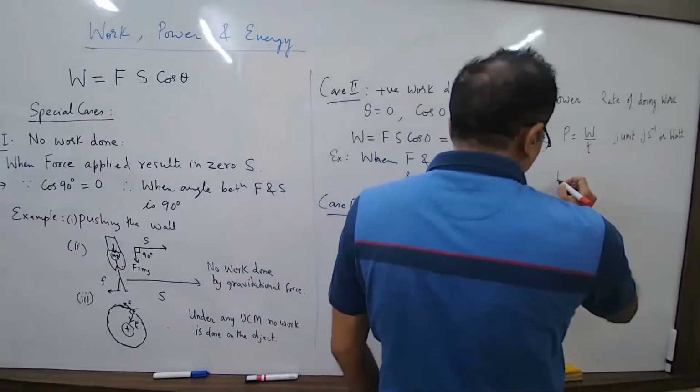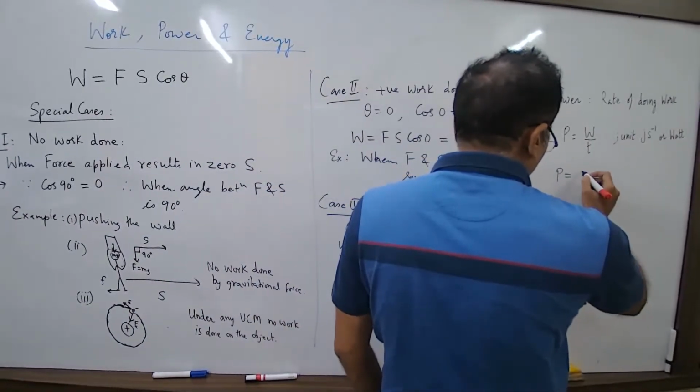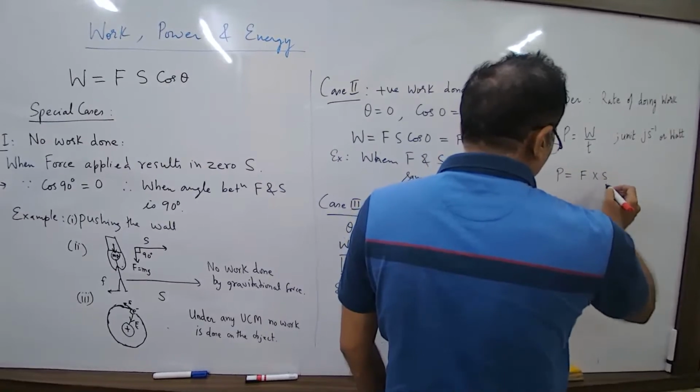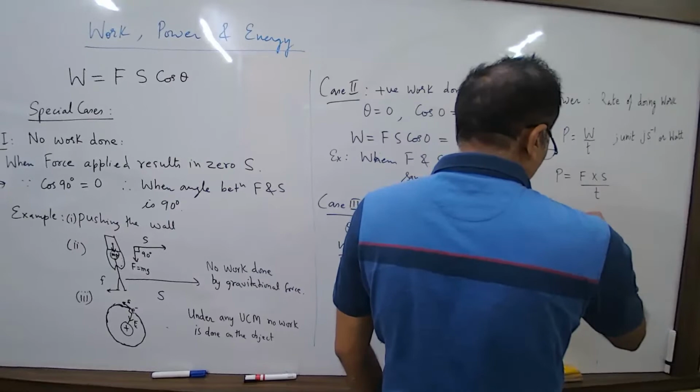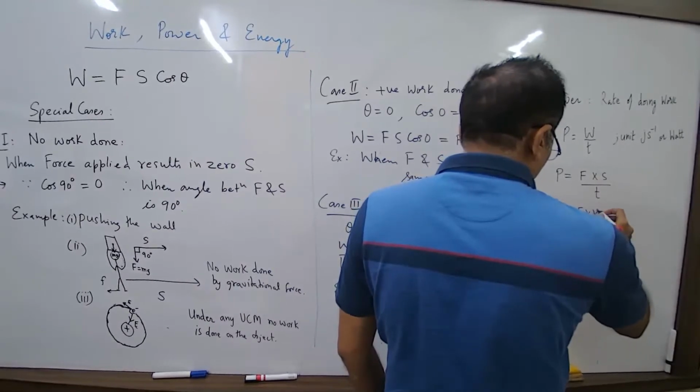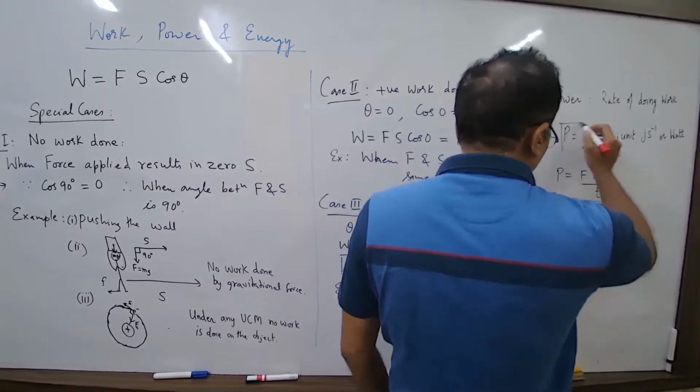Now, if we expand work further, work is force into displacement upon time, and displacement upon time is velocity. So we have another formula for power. These are the two formulas for power.